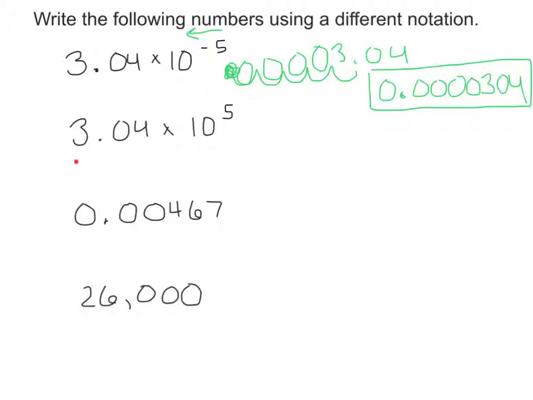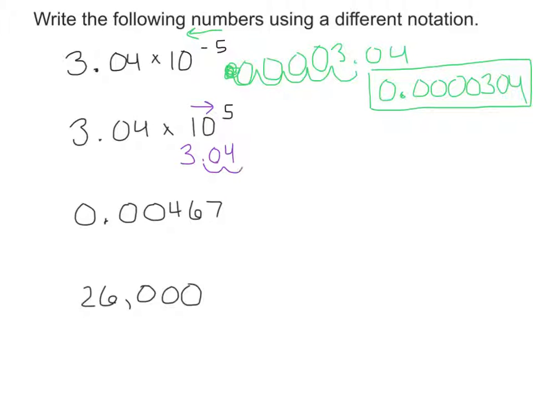The same exact thing here, except you'll notice the one big difference is that 5, it's a positive. So that means we're going to be going to the right for this example. I'm going to try to make my work a little bit more neat here. I'm going to move my decimal to the right 5 places.